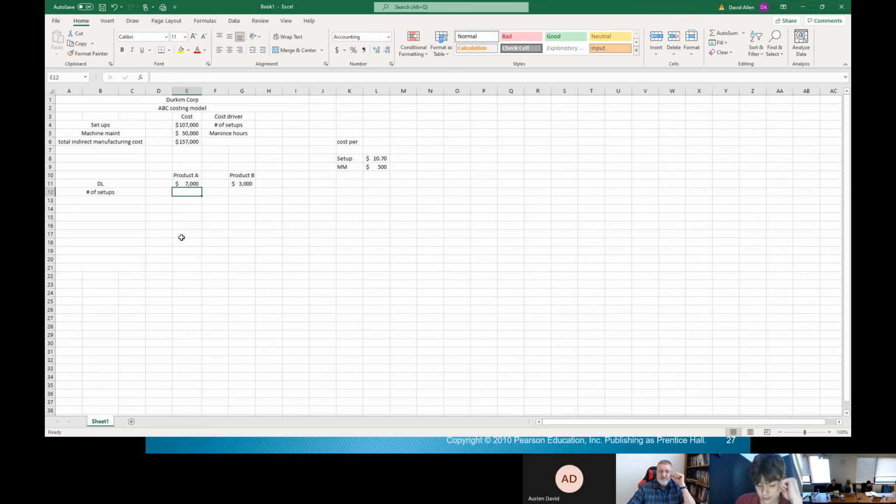So are we gonna multiply 30 times the 10.70? Correct. If we know it costs us $10.70 for one setup, this is going to equal the cost of one setup times how many setups are we doing? 30. So for product line A in our setups, it's going to cost us $321.